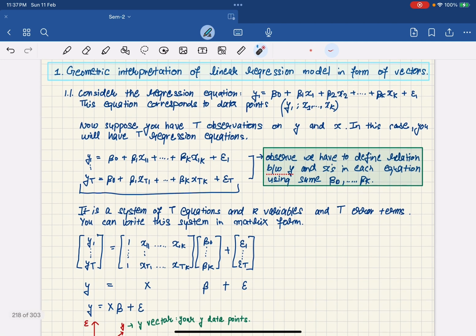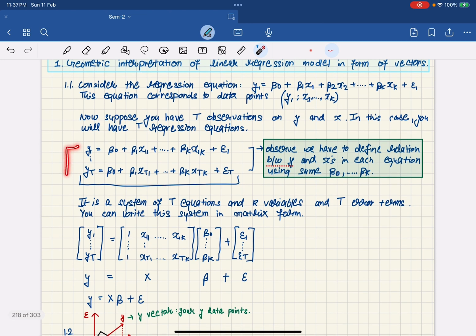Okay, so if you write this system in matrix form, your system will look like this. On the left hand side, you will have the y vector, which is a column vector of t into 1 order.